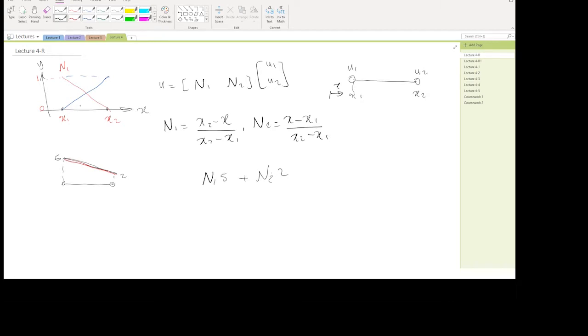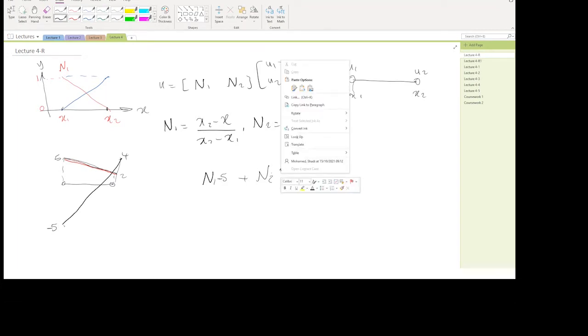If it is different, I probably go for something like this. So if the displacement is minus 5 to, I don't know, probably 4, then instead of 5 and 2, just multiply with minus 5 and 4, and you actually recover exactly this line here.